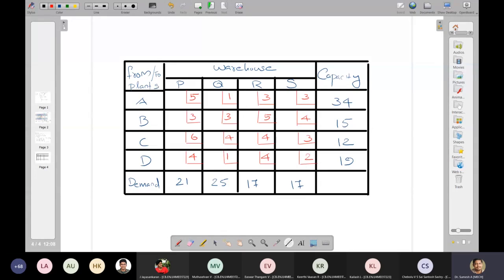This is how normally a problem matrix will look.